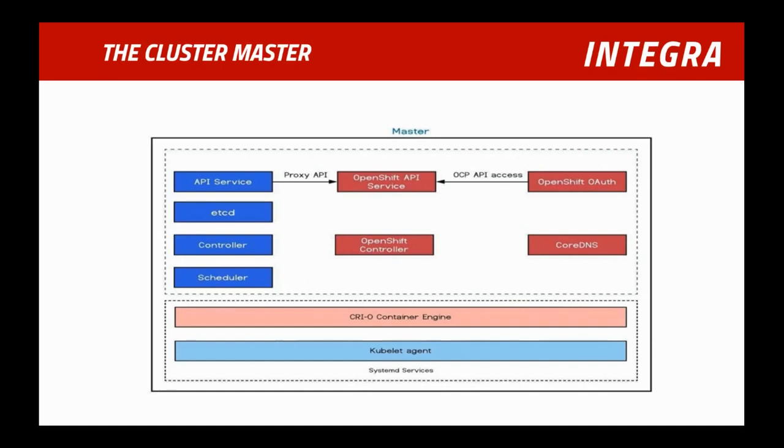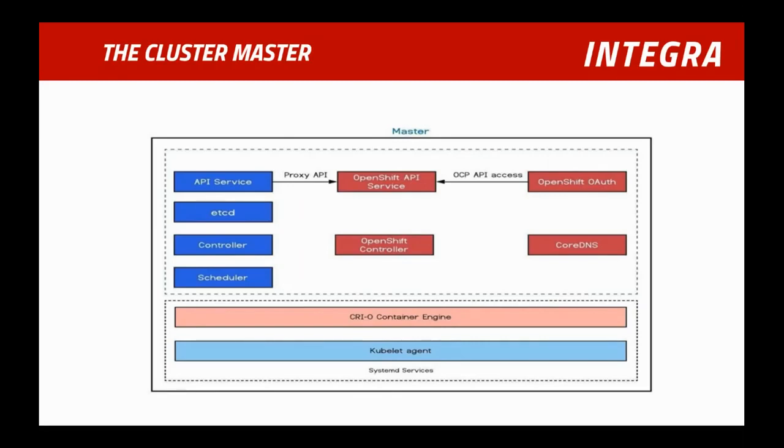On top of that, we have Kubernetes services such as the API service, the etcd data store, controller, and scheduler. On top of those, we have OpenShift services such as the core DNS, the OpenShift controller, and there are many other services as well, which are not mentioned here. And we also have a very important component called the OpenShift API service.